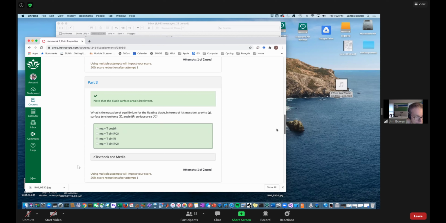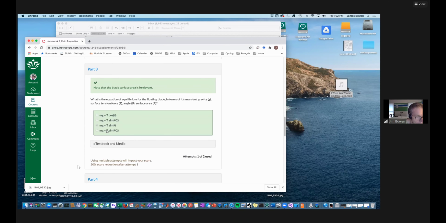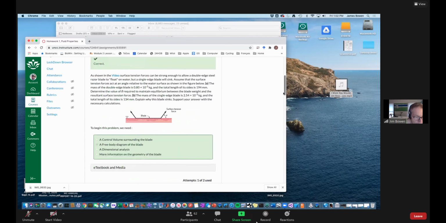That's why I did it sine theta. Actually, think of this blade as a rectangle, and in reality there's a force per unit length acting on the entire circumference of the blade.